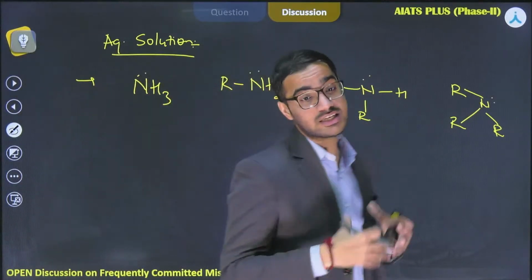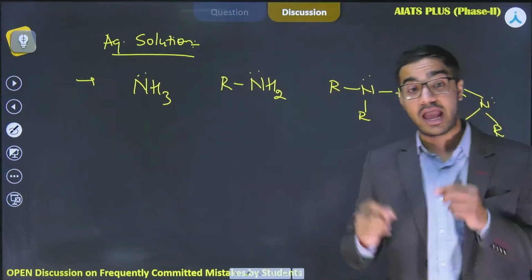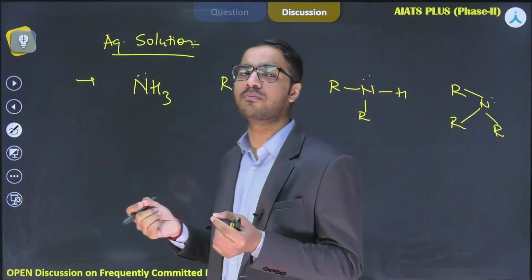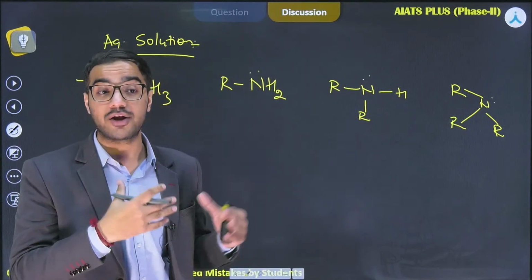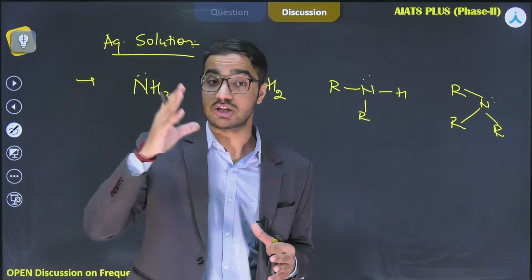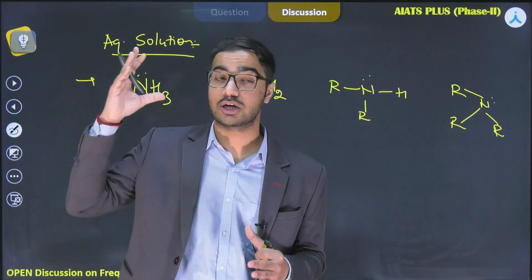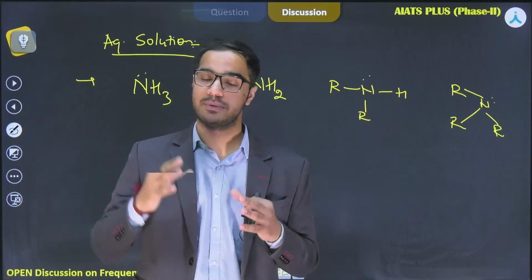You can clearly suggest that in aqueous solution there is a presence of water molecules. So what will be the case? It will tend to form hydrogen bonds, or we can say that solvation occurs. So here the solvation energy is the dominating factor with regard to the inductive effect.